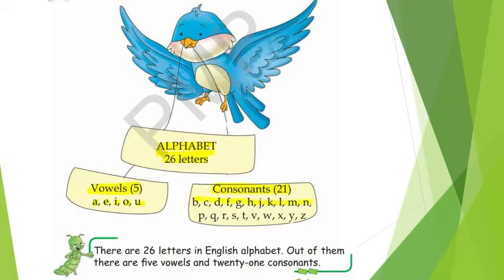Let me repeat everything one more time. There are 26 letters. Out of 26, 5 are vowels and 21 are consonants. The 5 vowels are A, E, I, O, U, and the rest of them are called consonants.